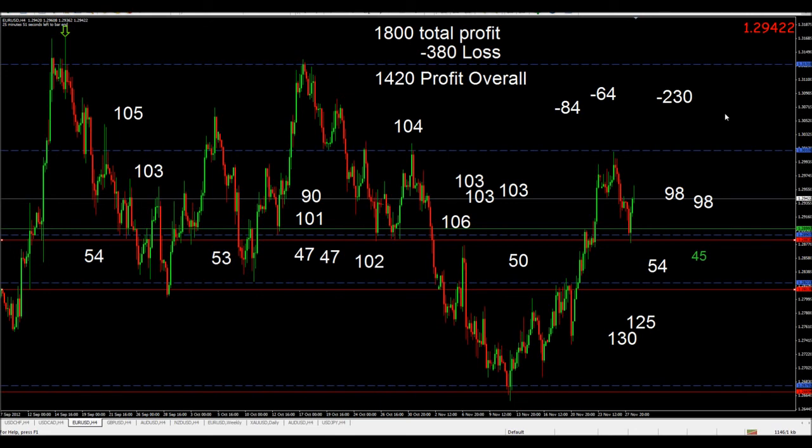In a normal account where it's $1 per pip, that's $1,420 profit over just over 2 months. That money can now be invested back into another round of the hedge trading strategy, and now it seems like it's basically no risk, because you could just be using that equity to continue on with the strategy.